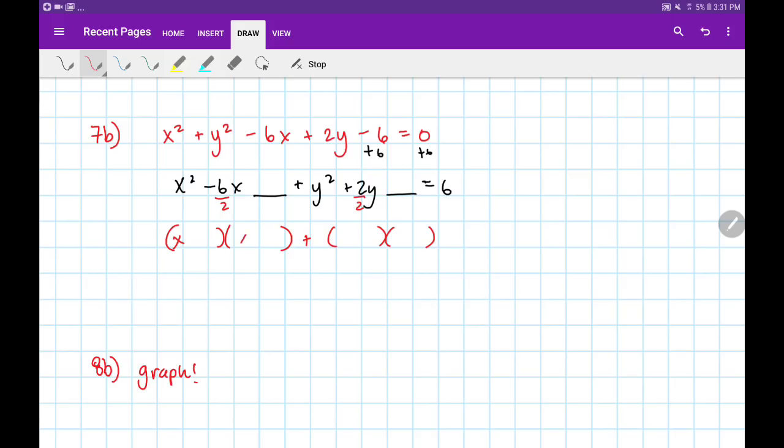So for my x's, I'll be minusing 3 because negative 6 divided by 2. For my y's, I'll be adding 1 because positive 2 divided by 2. Now the missing number is going to be this guy squared times itself, which is a plus 9. I have to plus 9 on this side. And over here, 1 times 1 gives me plus 1, so I'll plus 1 on this side.